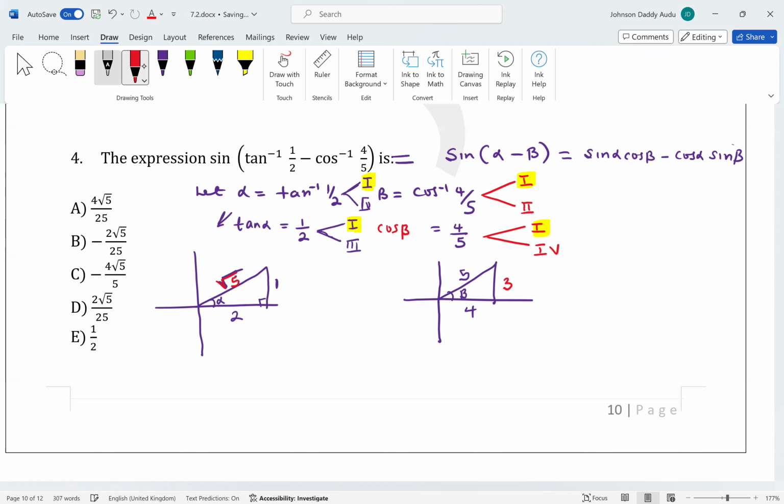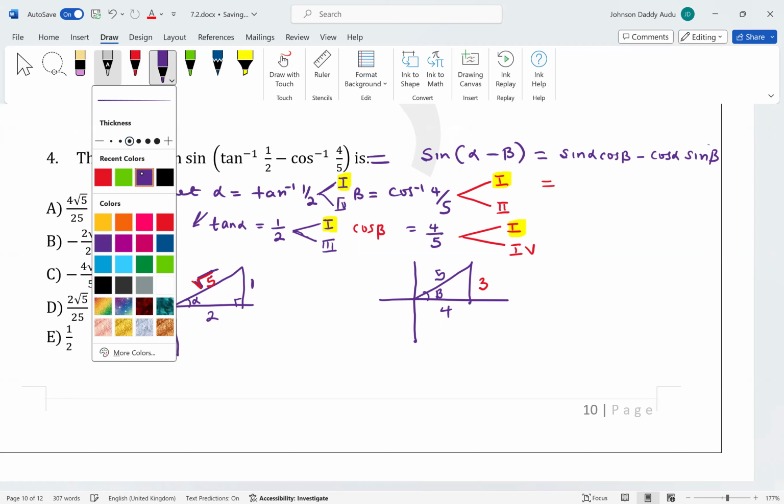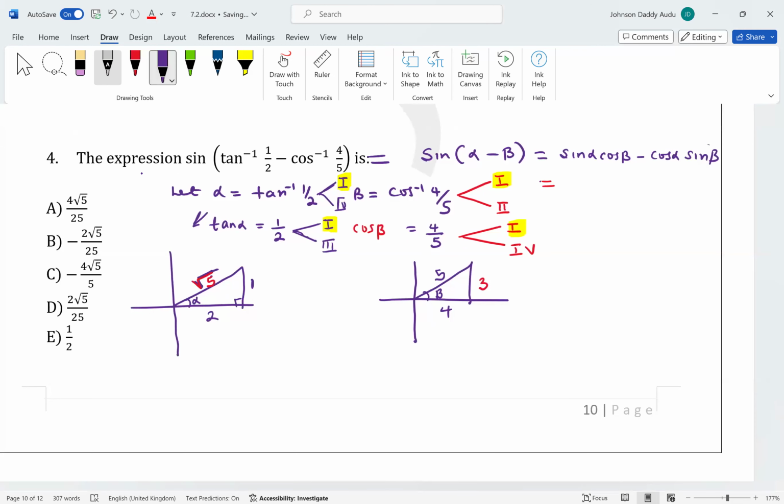Okay. So now let's go back to answering the question. What is this? This, remember, is sine alpha, right? Sine alpha, we have to come to the diagram where we have alpha. Sine alpha will be opposite over hypotenuse, which is going to be 1 over root 5. Then times cosine beta, which we have from here is 4 over 5.